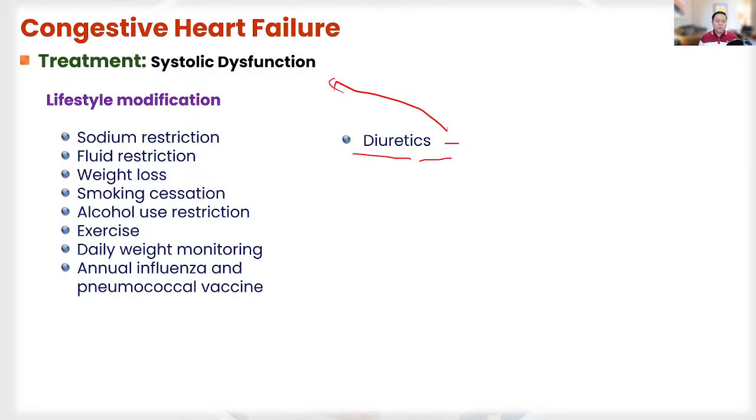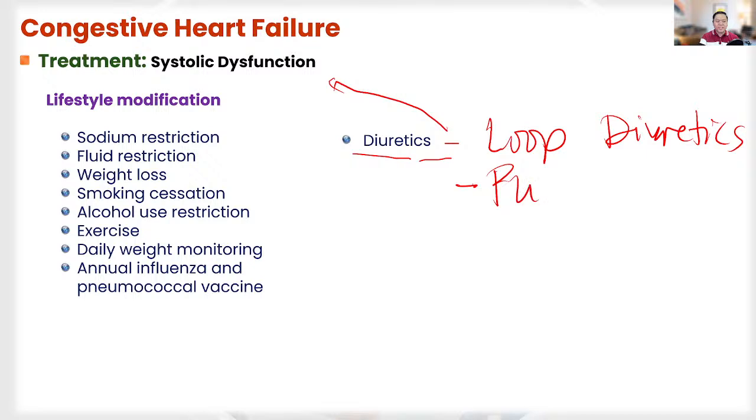Now, we're going to talk here about the loop diuretics. So for example, if your patient develops pulmonary edema in the acute care setting, and probably this is going to be the reason why they get admitted to the hospital, because they cannot breathe. They just feel like they're dying any time soon.